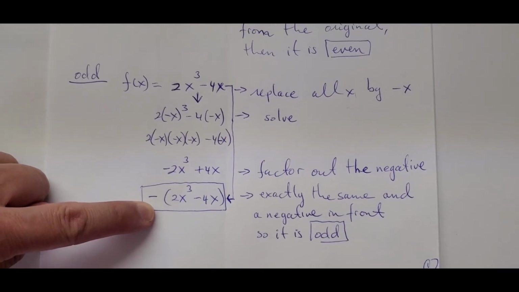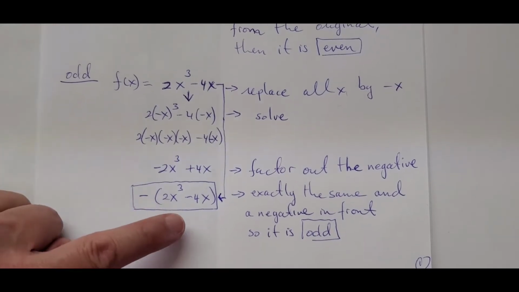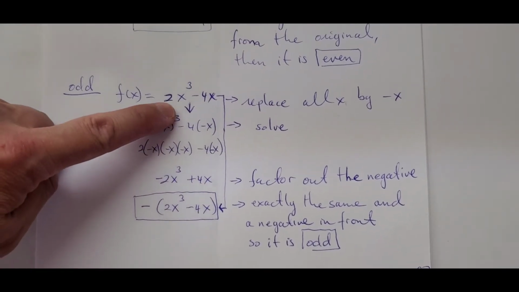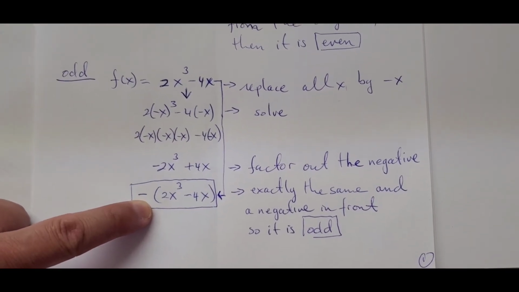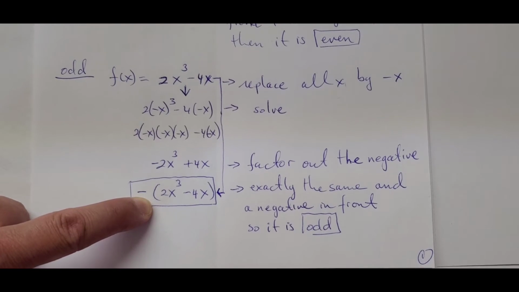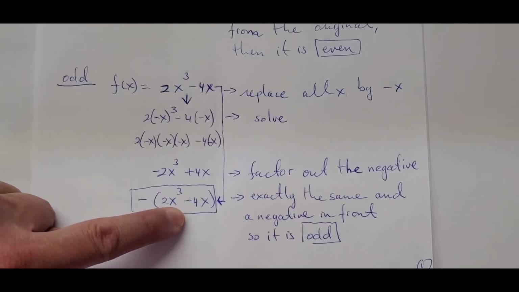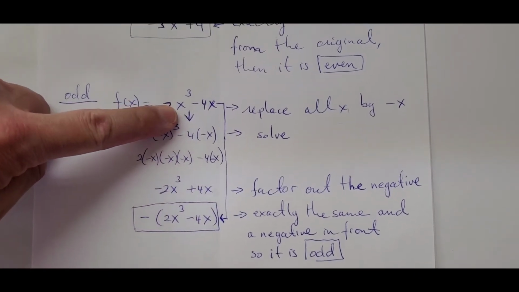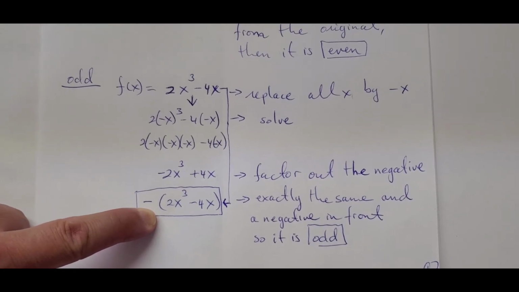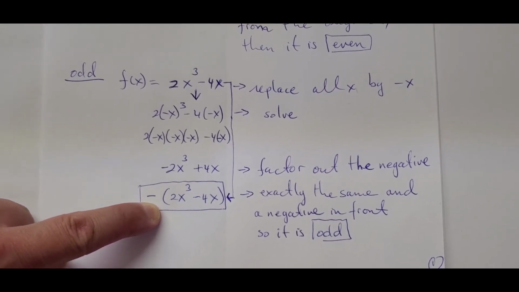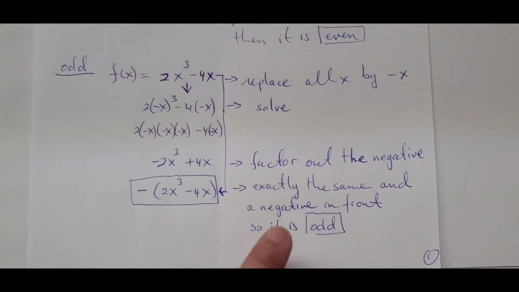So the difference between odd and even is this: odd and even must have the same equation from the original, and the only difference is that odd has a negative outside in front with parentheses. So this example is an odd function.